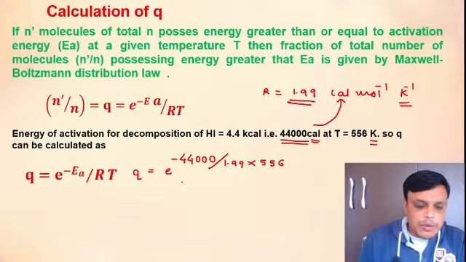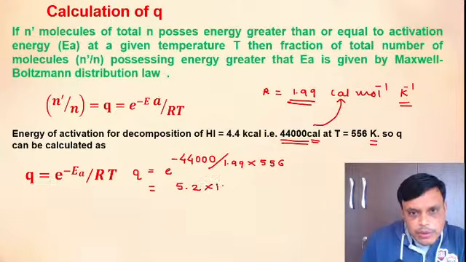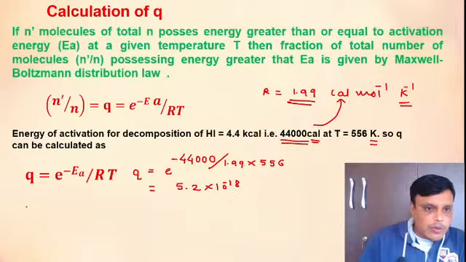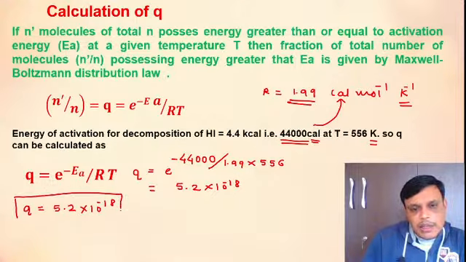So after putting this value, if you solve this exponential term, you will get 5.2 into 10 to the power minus 18. So we have calculated the value of Q. What did we do? We calculated the value of Q, that is Q is equal to 5.2 into 10 to the power minus 18. Now what have we done?